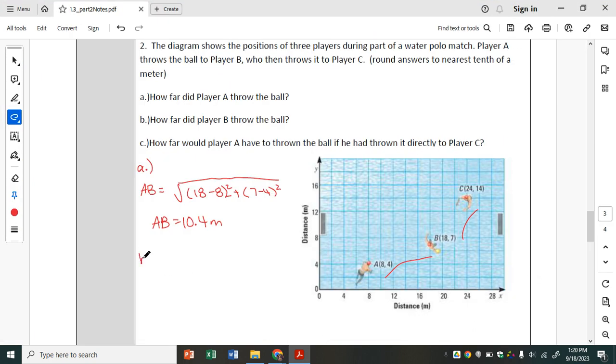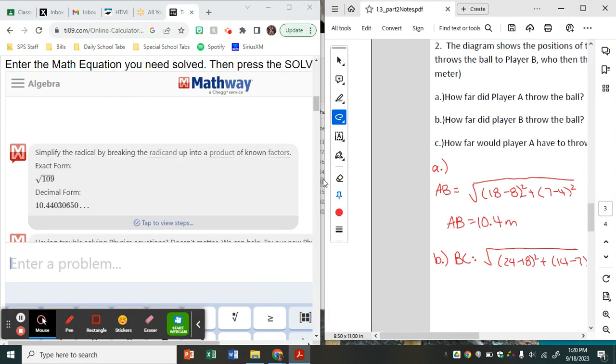Okay, on B, to find the distance from B to C, we're going to take the square root of 24 minus 18 squared plus 14 minus 7 squared. And again, I'm going to go over to my calculator here.